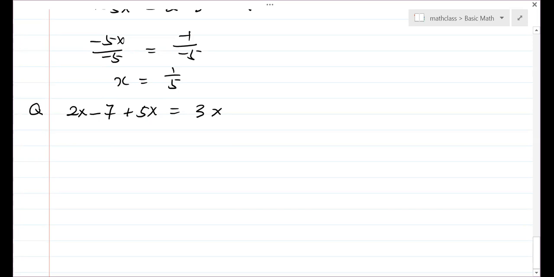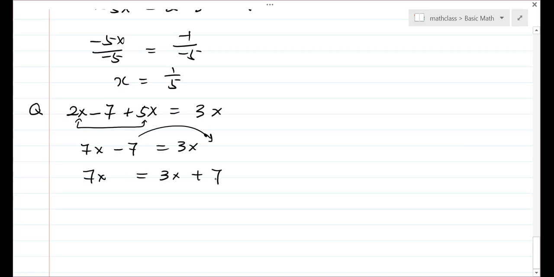All right, so let's do it step by step. Okay, 2x plus 5x. These two terms group together, right? It'll be 7x minus 7 equals 3x. That's the first step. Then I move 7 over to the right-hand side, so I get 7x equals 3x plus 7.